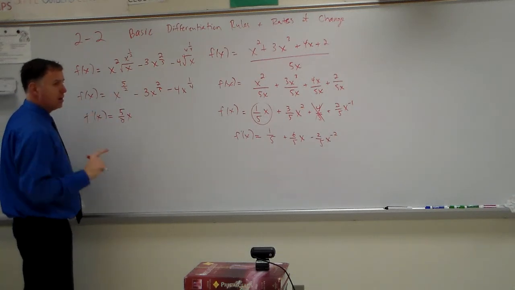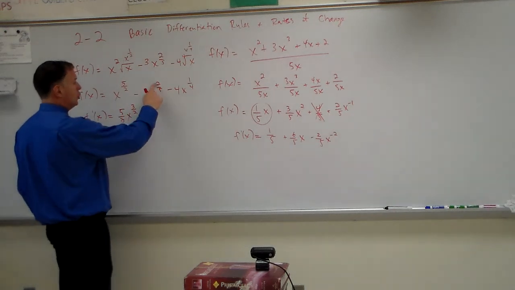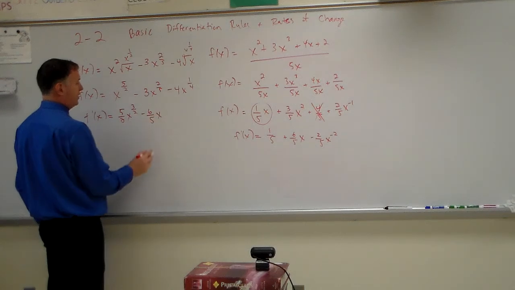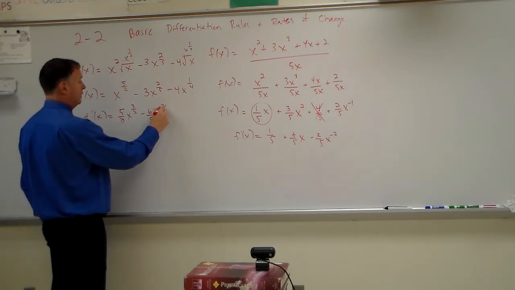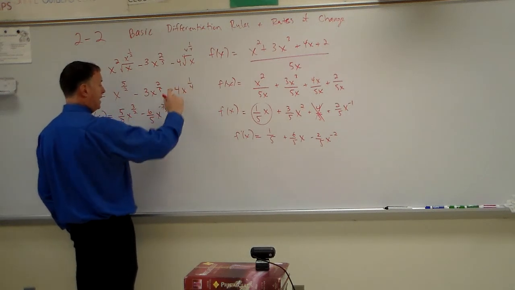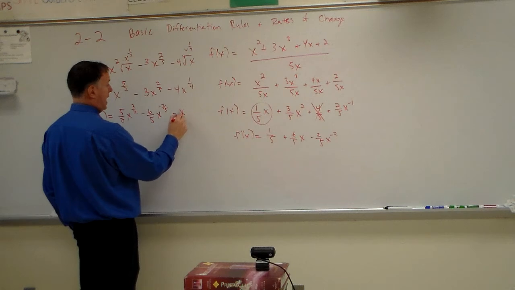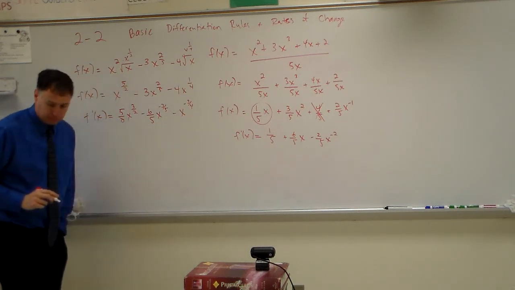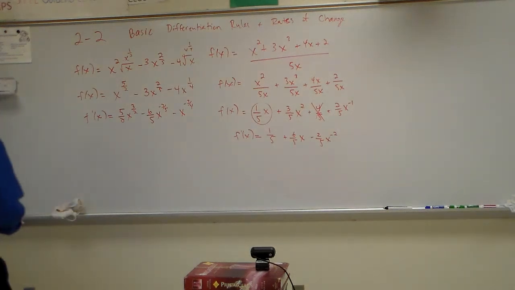Subtract 1, minus 2 over 2 gives me 3/2. 2/5 times 3, that's going to be negative 6/5 x. Minus 5 over 5 gives me a negative 3/5. And then here, 1/4 times 4 is 1, so it's negative 1. x, subtract 4 over 4, negative 3/4. How about that?